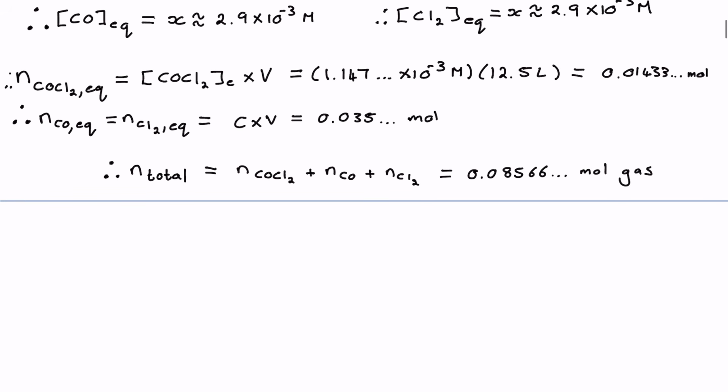Okay, so then finally from that we can calculate the pressure. So the total pressure is equal to the total number of moles multiplied by RT divided by the volume of the flask.